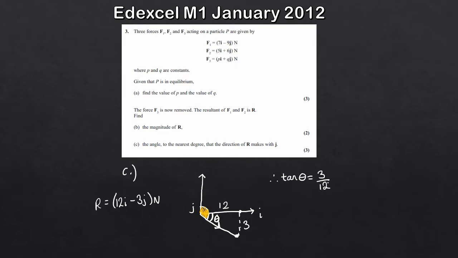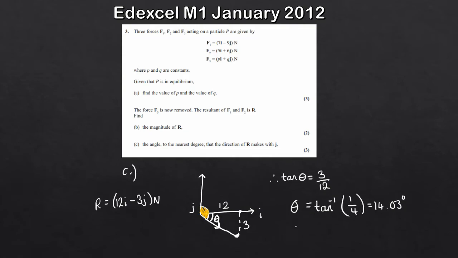Okay. So in that case, to work out theta, we just do tan inverse of both sides. So it'd be tan inverse of 1 over 4, which would give us 14.03 degrees. Okay, working in degrees, so 14.03 degrees.